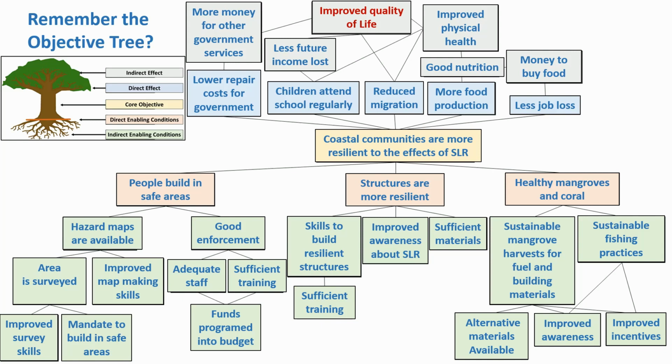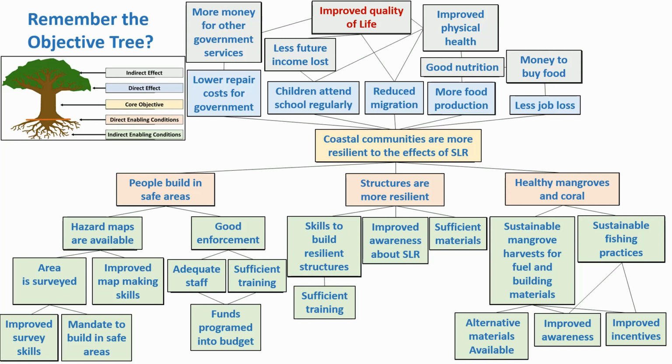Now, if you remember in our problem tree exercise, we looked at the problem of sea level rise and coastal settlements in Keytopia not being resilient or being damaged by the impacts of sea level rise. And we worked through a problem tree, and then after we did the problem tree, we developed an objective tree.